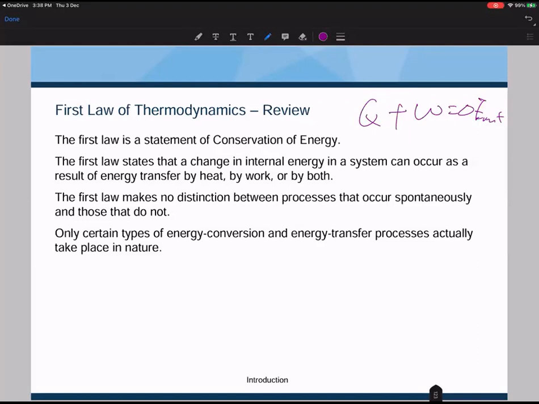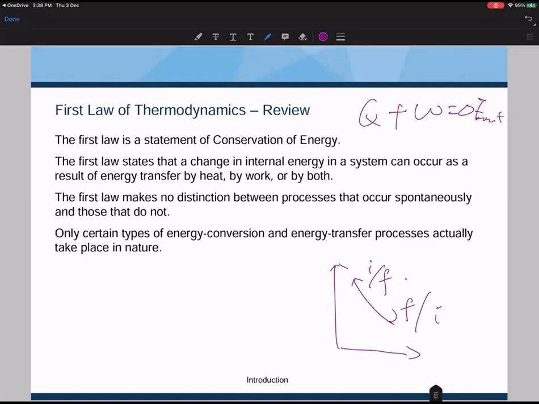When you reverse the process, it can equally happen by just having a minus value of Q. So there is no limitation whether the process comes from the initial point to the final point like here, or the other way around. The first law does not say anything about that.